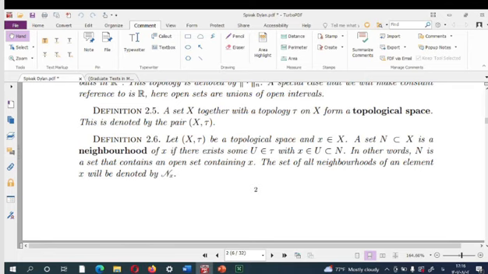A set N is a neighborhood of x if there exists some element u of the topology such that x belongs to u and u is a subset of N.